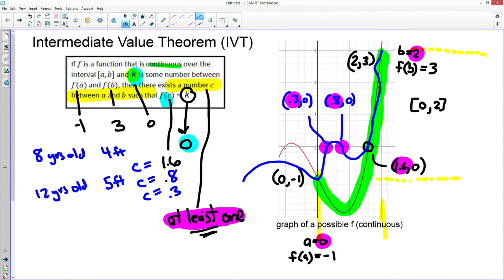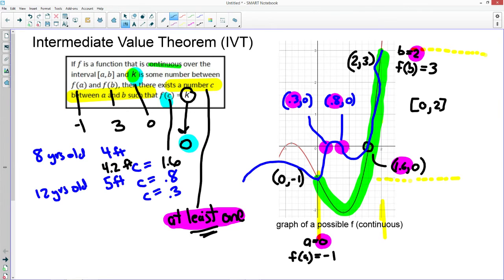If you pick a number between 4 and 5, you're growing continuously, so somewhere there's got to be a number, say 4.2. There's got to be some year when you're 4.2 feet tall. You can't skip 4.2 feet. And you're not going to shrink, most likely, below 4 feet. You're going to keep growing continuously to 5 feet.